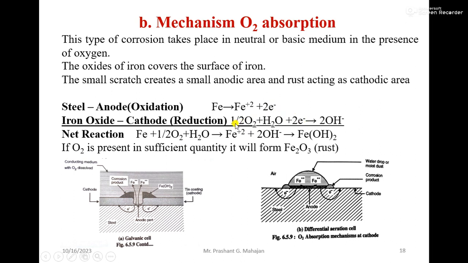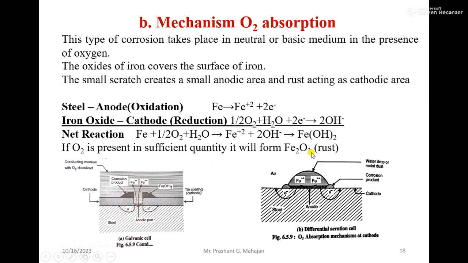So the reaction takes place like this: 1/2 O2 plus H2O plus 2 electrons giving 2 OH minus, and the net reaction is Fe plus 1/2 O2 plus H2O giving Fe2+ plus 2 OH minus. They are going to combine to form ferrous hydroxide, and if oxygen is present in sufficient quantity, it will form rust.